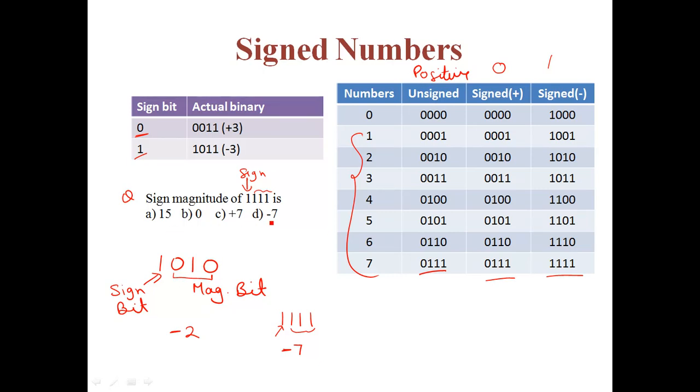In all 4 options, this option consists of a negative number and triple 1 is 7. So as you can see, 1, 1, 1, 1 is 7 and that too with a negative sign. So minus 7. This is how we can differentiate between a signed number, and positive sign and negative sign numbers.